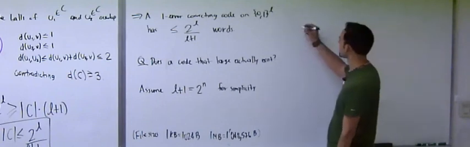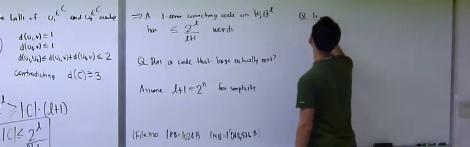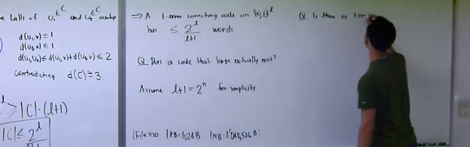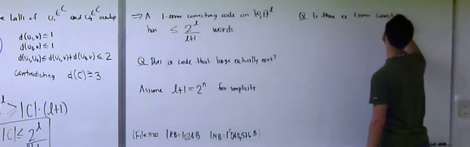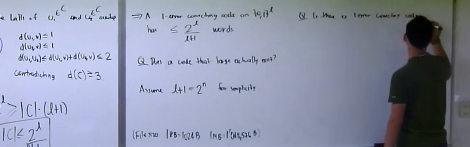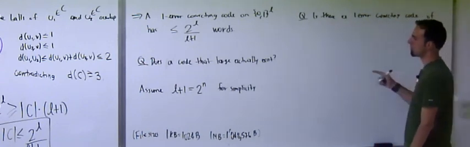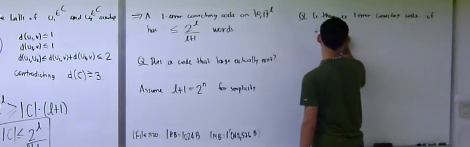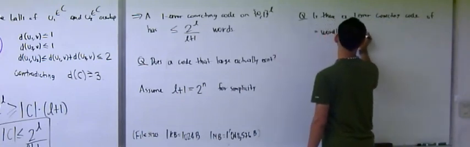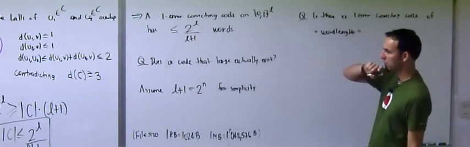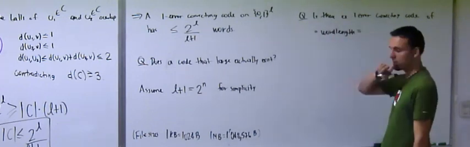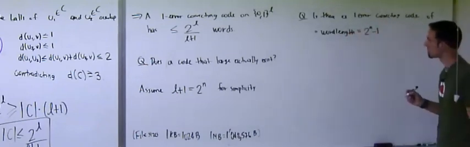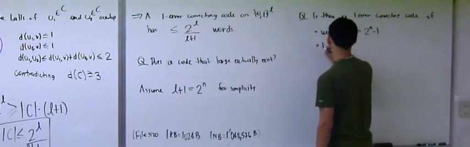And so the question is: is there one error correcting code of how many words? Well, word length, what did we say the word length was? We started with words of length L. So L is going to be 2 to the n minus 1. How many words do I want?